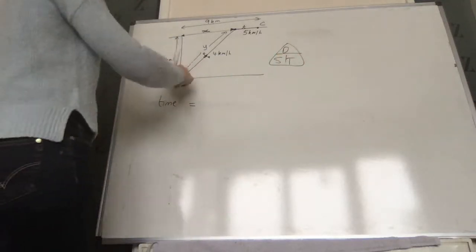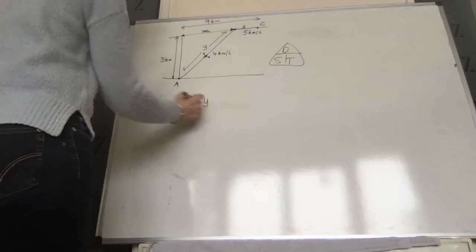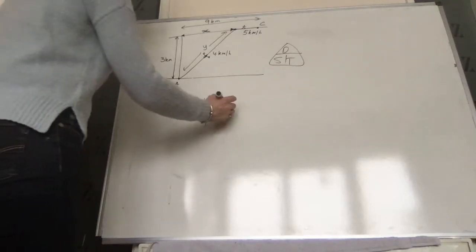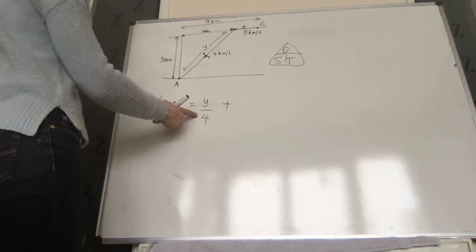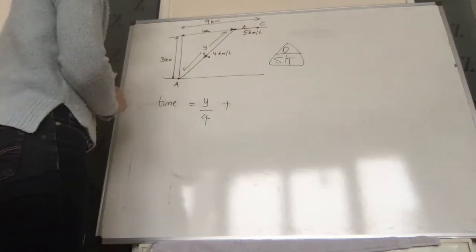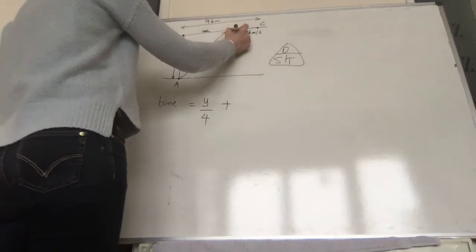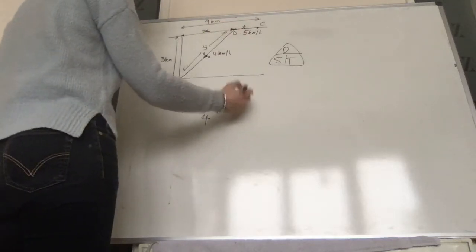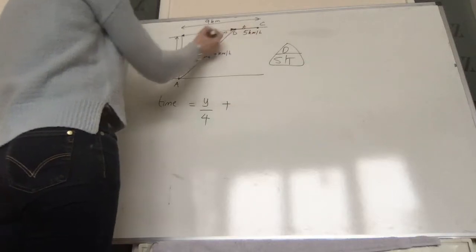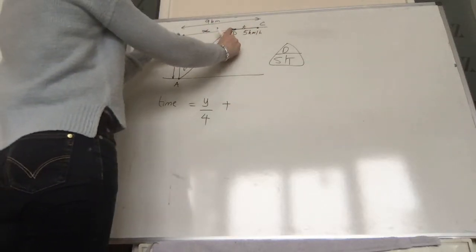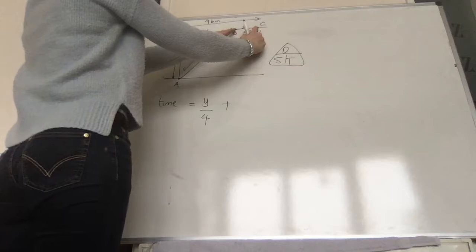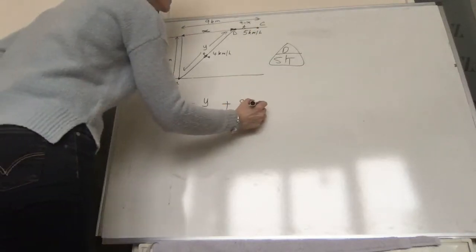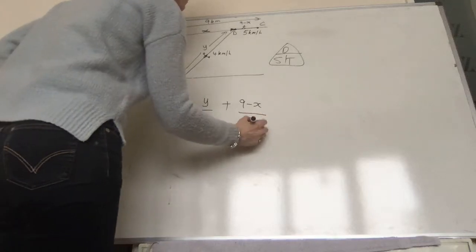So the time for this bit is the distance divided by his speed, and the total time is that added to the time it takes him to walk from D to C. To walk from D to C he goes at 5 kilometers per hour. And what is that distance? If this is x from here to here, and this is 9, then this bit is 9 minus x. So distance divided by his speed.